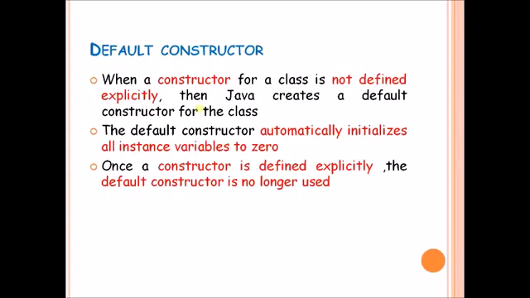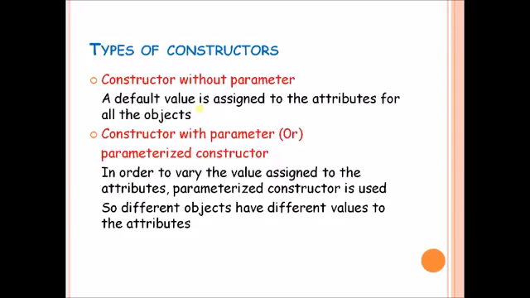The next would be the default constructor. In case no constructor is defined explicitly, Java will create a default constructor of its own, and here all the attributes will be initialized to 0. There are two types of constructors, with and without parameters. Without parameters is just the normal constructor. With parameters is the parameterized constructor.